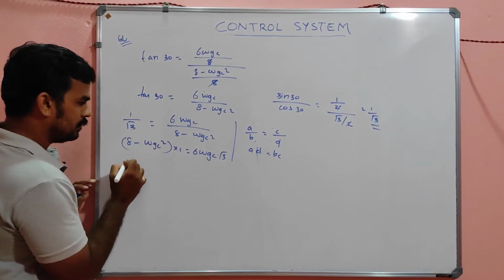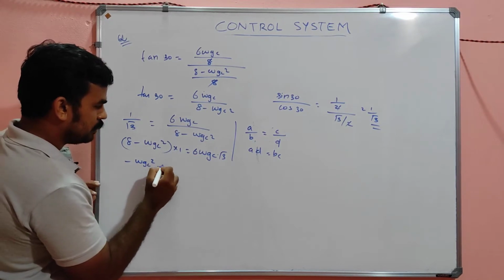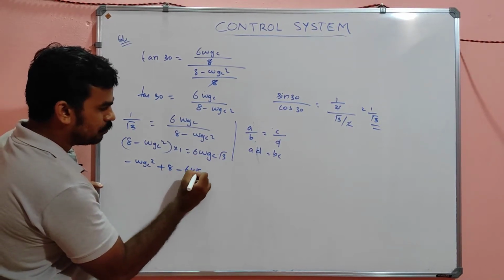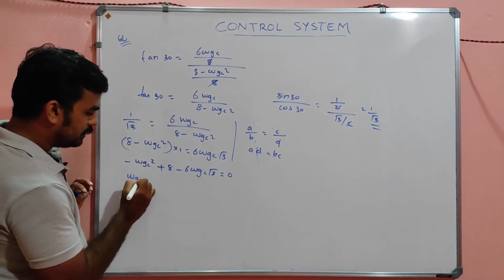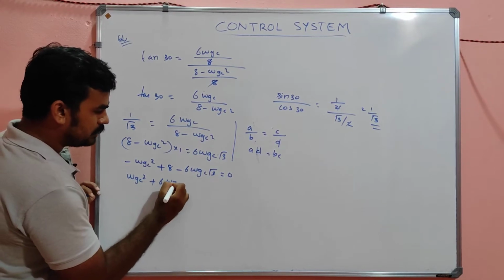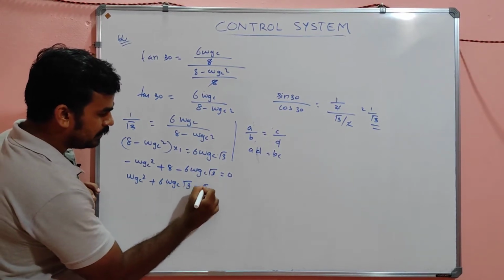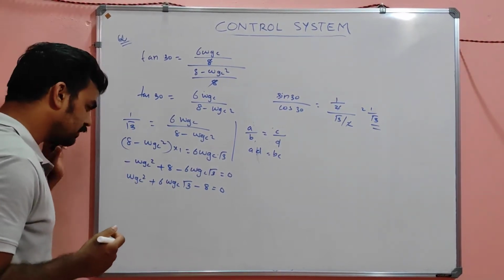Simply, listen, my dear: minus omega gc square plus 8 minus 6 root 3 omega gc equal to 0. In other words, omega gc square plus 6 root 3 omega gc minus 8 is equal to 0. This is a second order quadratic equation, so I can easily solve it.